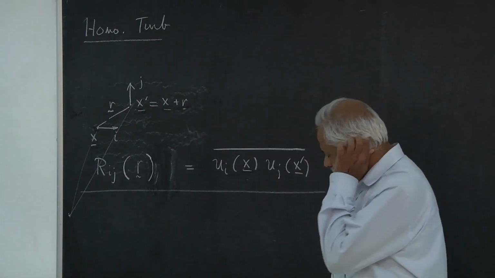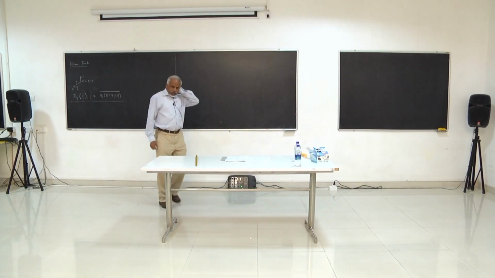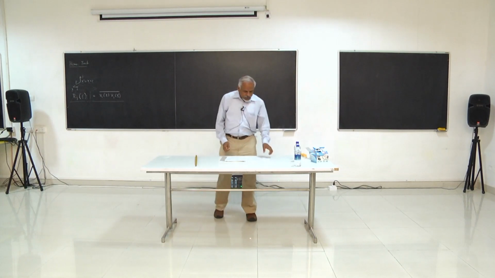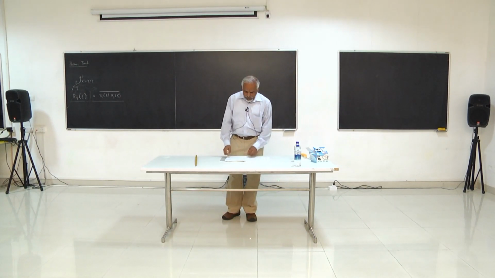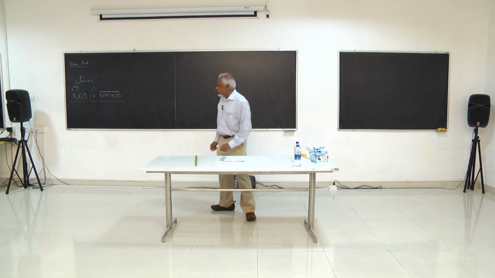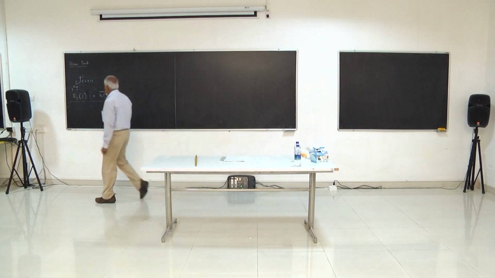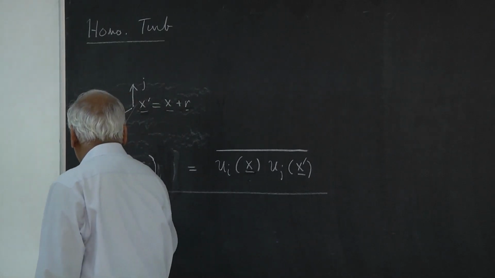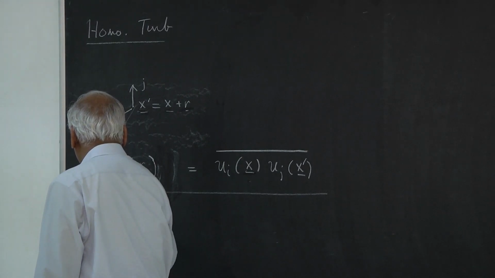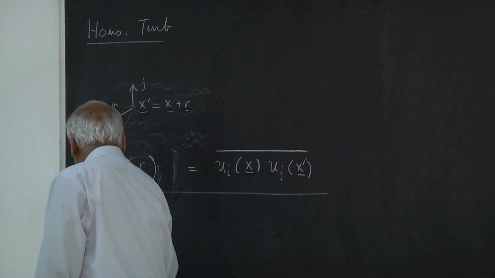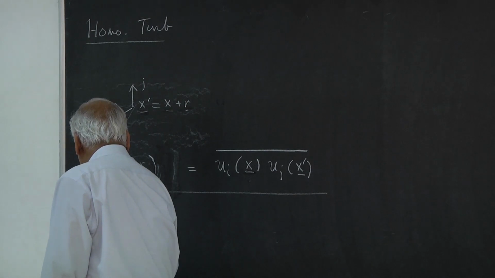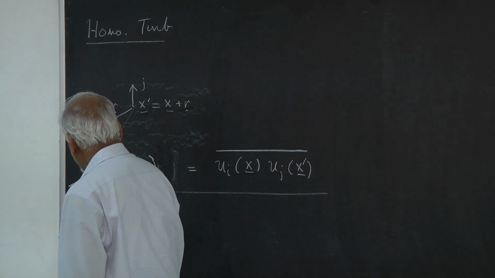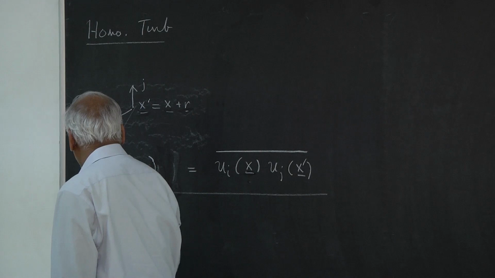It depends only on this. So now you can derive the equation for this pretty much similar to what we did before. You have an equation for ui, d ui dt, and you have d uj dt, and you multiply this by uj prime.